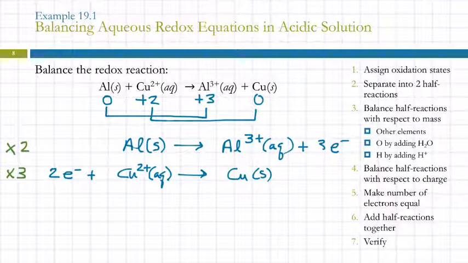You have to multiply everything, all the coefficients, in order to keep it balanced. So I'm going to have 2 aluminums, making 2 aluminum ions, and that's going to release 6 electrons. Still balanced, I'm just scaling up. Here I'm going to multiply by 3, so that's going to give me 6 electrons here, 3 copper ions, and 3 copper atoms. Okay?